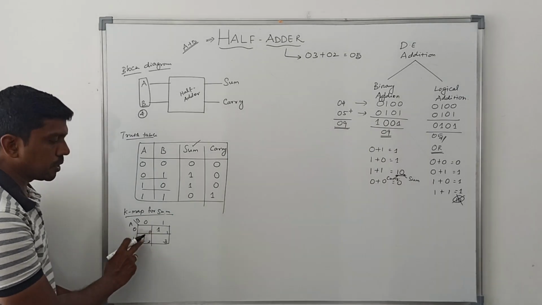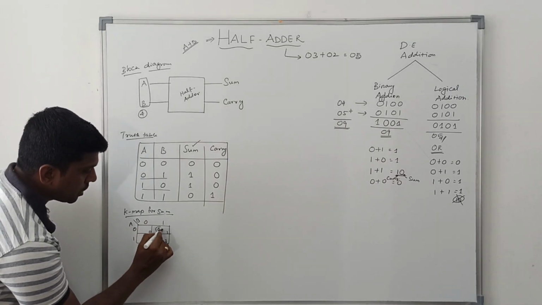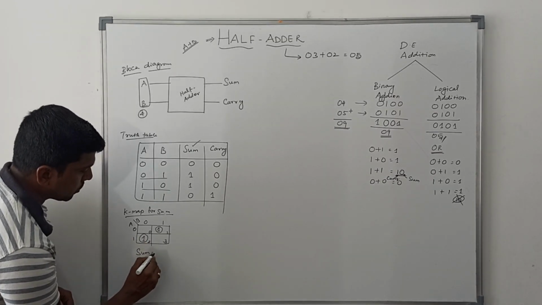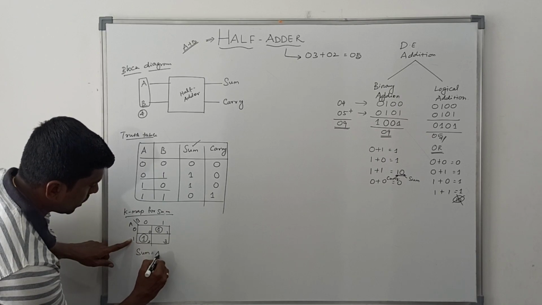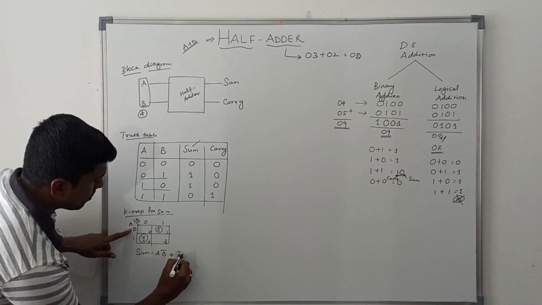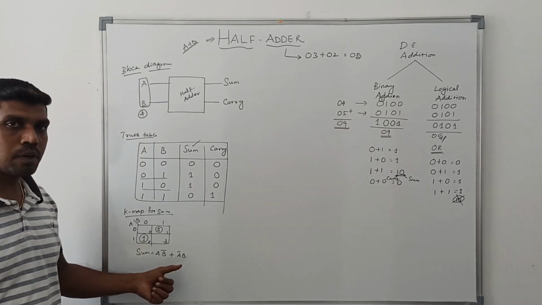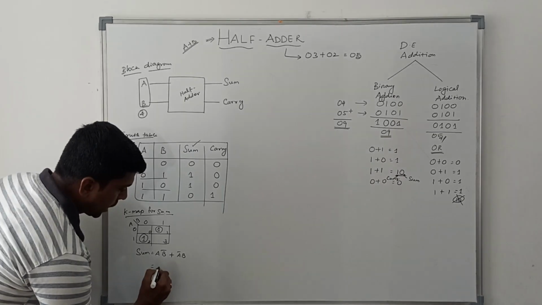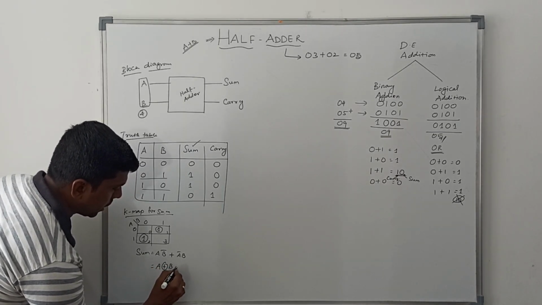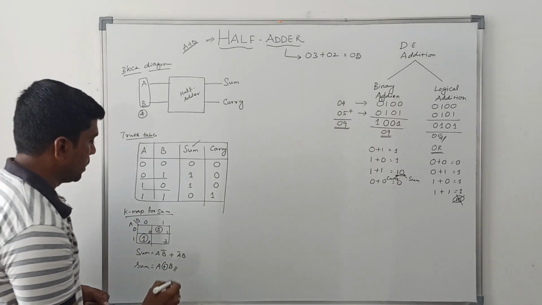There is no possibility of grouping pair, quad or octet, so they are individual. Now I write the Boolean expression for sum: A B bar plus A bar B. This Boolean expression is like an XOR operation. So sum equals A XOR B.